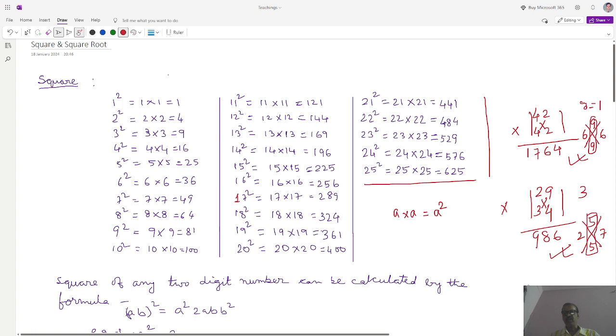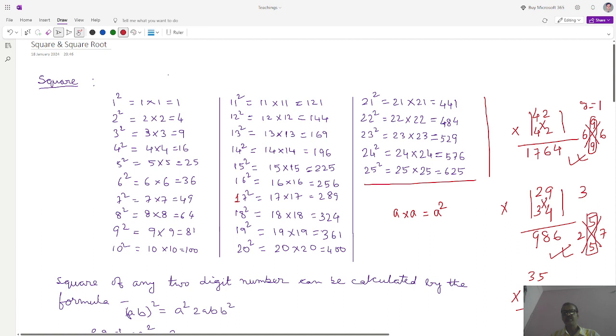If two numbers come like that, that is two equal numbers, and the unit digit of both numbers is 5, then the multiplication is even easier. You put 5 into 5, 25.